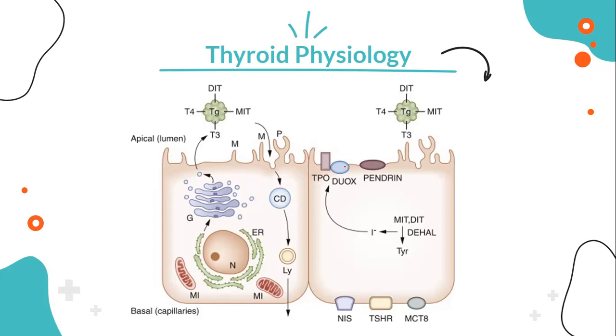T3 has three iodines and T4 has four iodines. They're both formed by a process in which we have a main amino acid, which is tyrosine. This cell takes this amino acid and makes a protein, which is the thyroglobulin, TG.